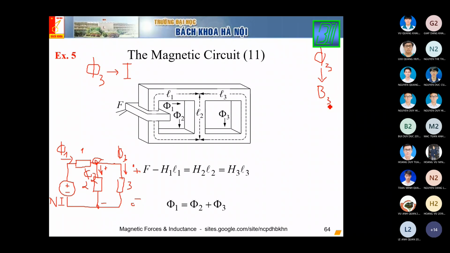Okay, B3 will be phi 3 over S3. And then what's next? From B3, you can use the given curve to find the corresponding value of H3. Are you okay?